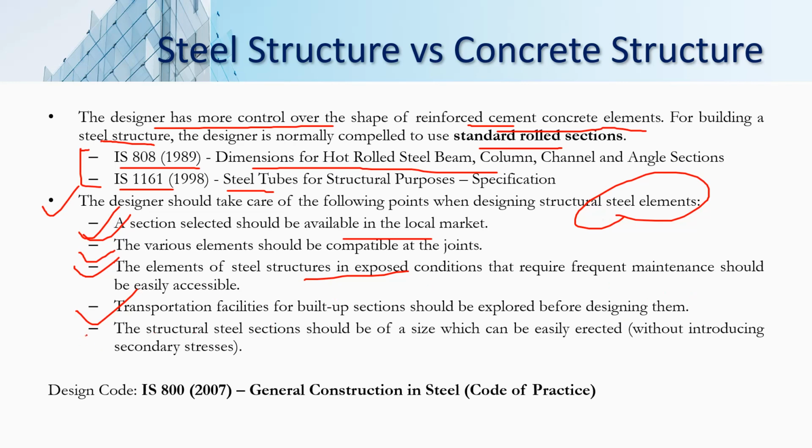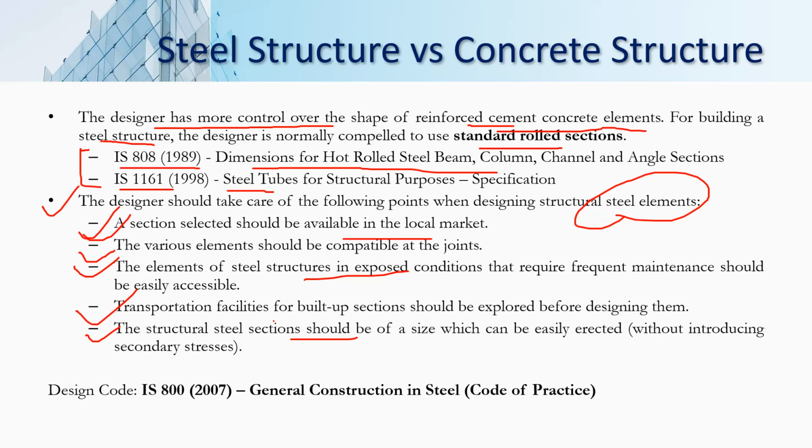And finally, the structural steel sections should be of a size which can be easily erected without introducing secondary stresses. This means for large structural elements or for tall buildings, you may have to use a crane or some other methods while erecting those elements, and that process of erection or use of a crane should not induce any secondary stresses.